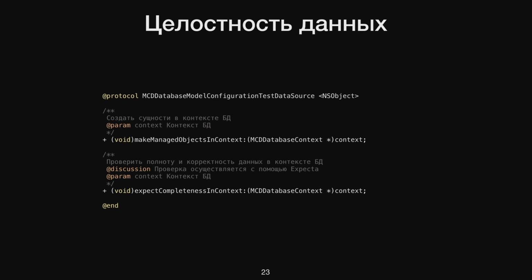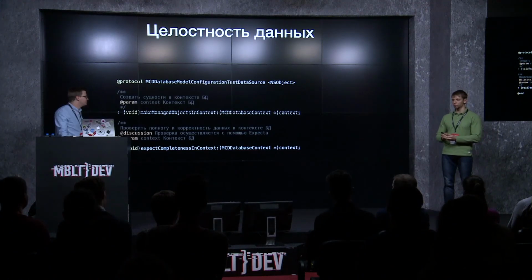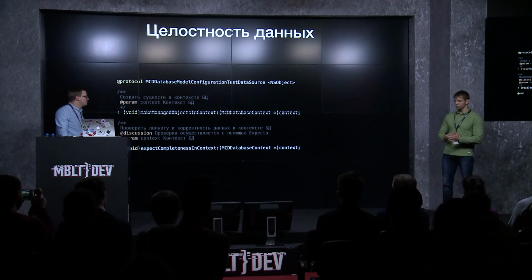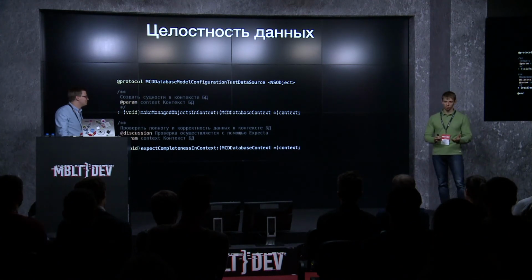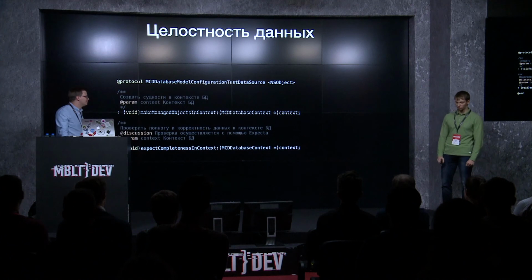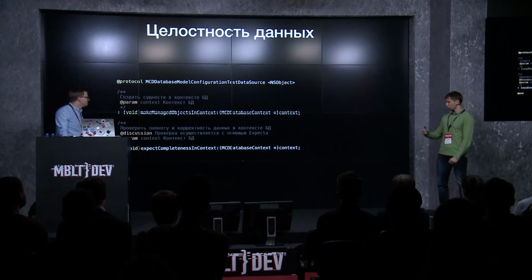In this case, the data integrity test works like this: we initialize the database, we make a model populated with data, then we destroy our stack completely, we purge it. Then we recreate the stack, then we check the consistency of data.